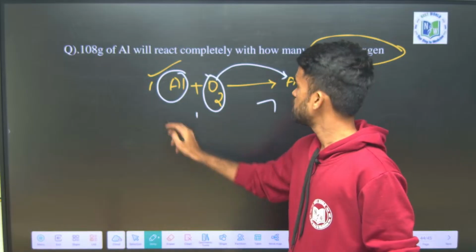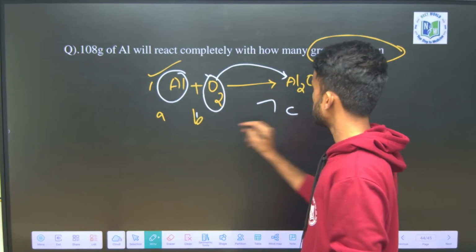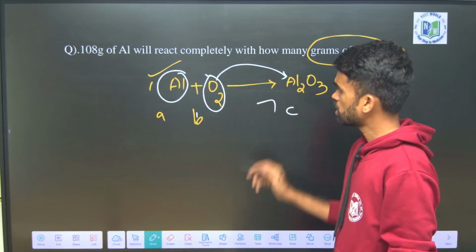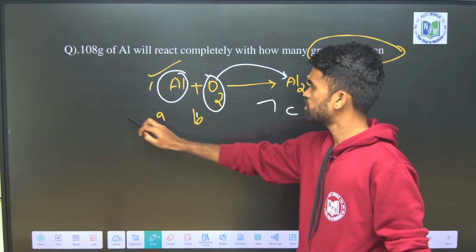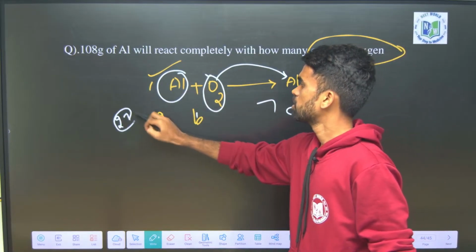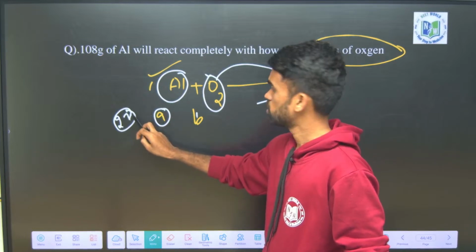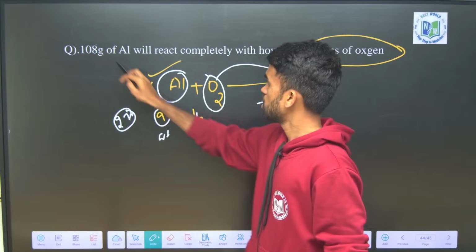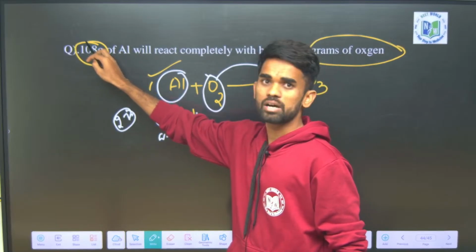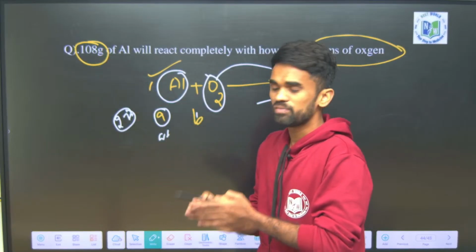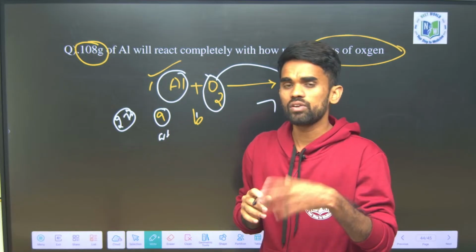After finding them, find the relation. For 1 mole of aluminum, the weight will be 27 grams. So multiply the number of moles with 27 to get the weight. Like that, you can take 108 grams, find the weight relation between them, and you will get the final answer.